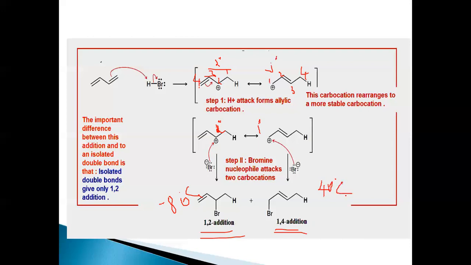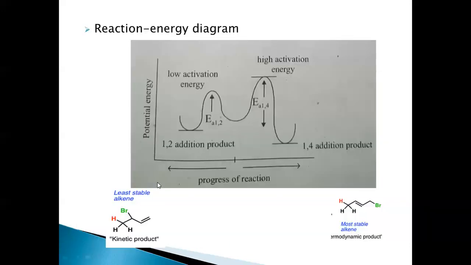We can understand this based on the stability of the carbocation, the temperatures, and the activation energies of these intermediates. Let's look at this in the potential energy diagram, the reaction energy diagram. This is the potential energy of the reactant, 1,3-butadiene.